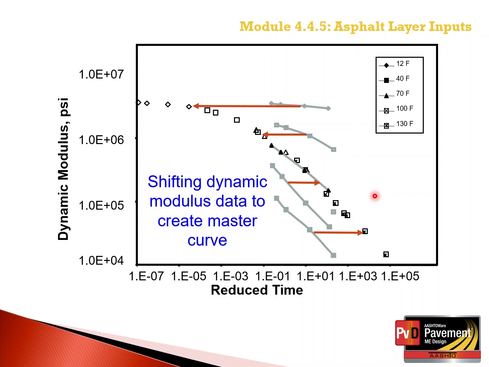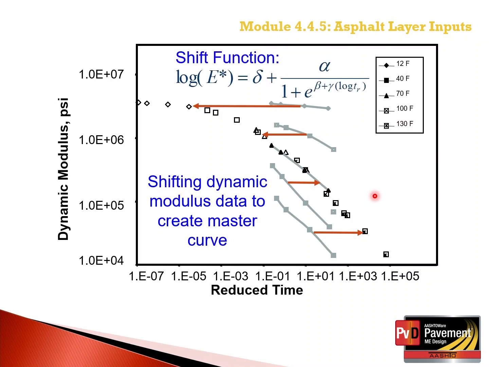The shifting is done mathematically through a shifting function to minimize the differences between the measured dynamic modulus and shifted calculated dynamic modulus to develop the master curve. And the shift function is shown on the slide. There are different forms of the shift functions that can be used.